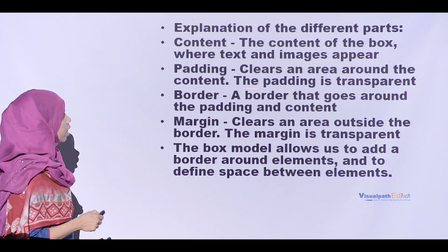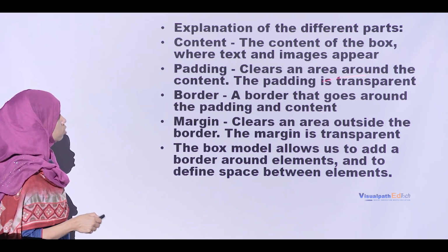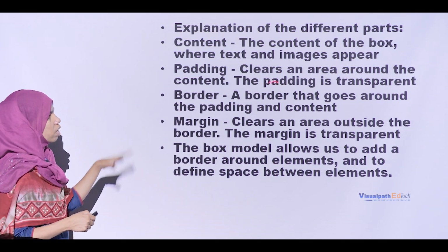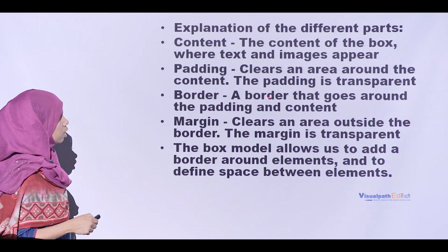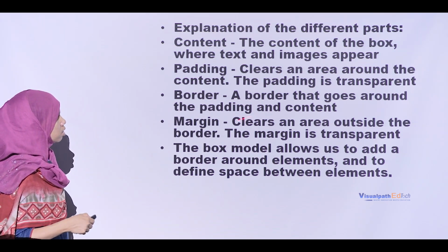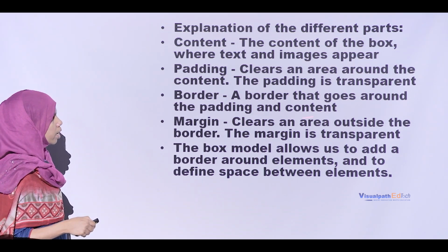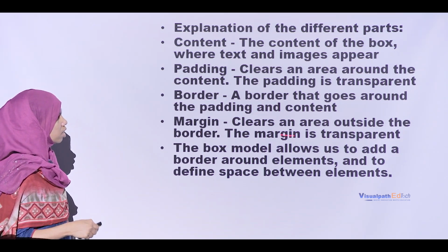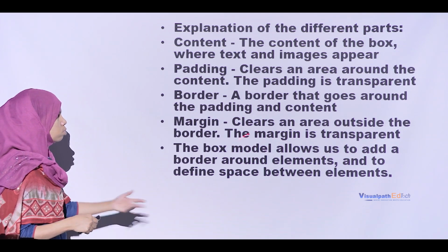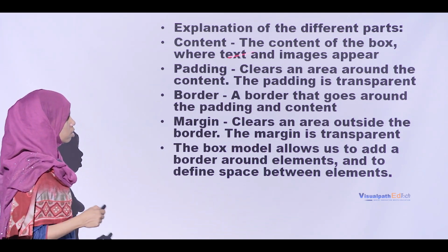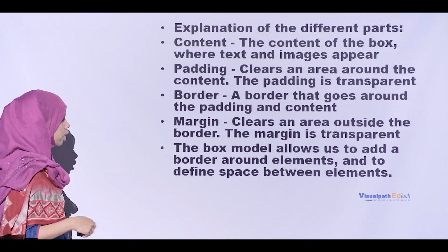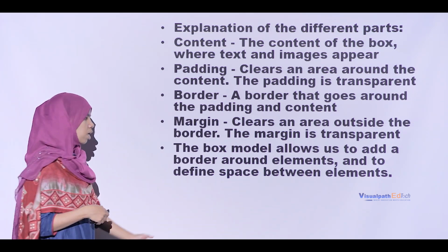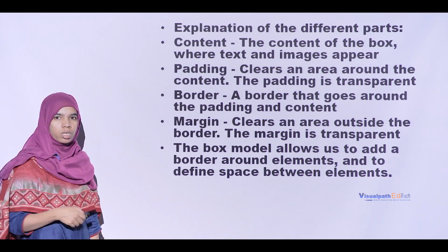As you see, padding is transparent, which clearly shows the area around the content, and the border goes around the padding and the content, and margin is again transparent, which goes outside the border, right? So this is the box model which allows us to add the border around the elements and define spacing between each and every element.